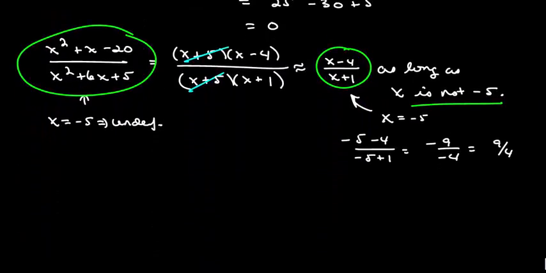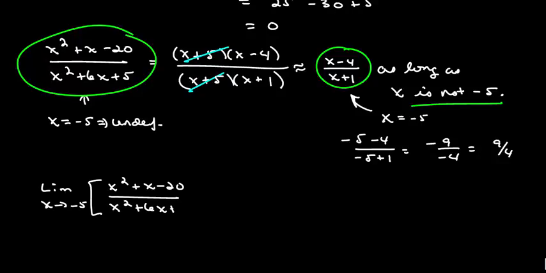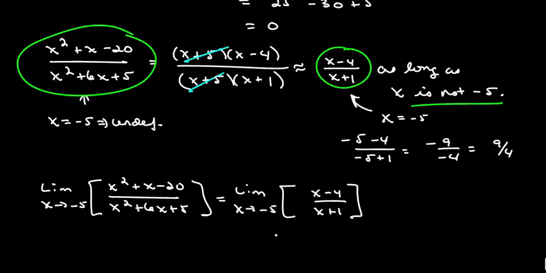So we can say that the limit as x approaches negative 5 of x squared plus x minus 20 over x squared plus 6x plus 5 is equal to the limit as x approaches negative 5 of x minus 4 over x plus 1, because in both of these cases, x is not equal to negative 5, and the limit only concerns itself with values near negative 5 and not at negative 5.